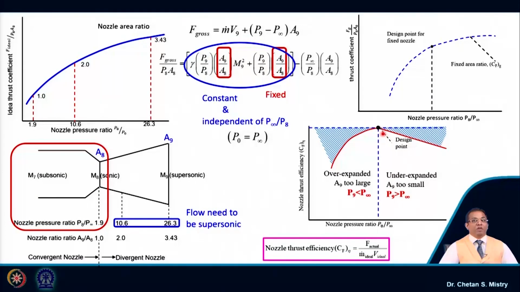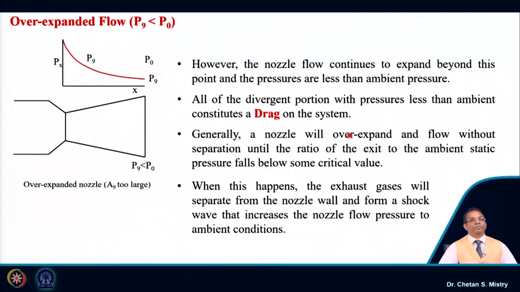So I will have only one design condition, and with a change of pressure at the exit, I will go into either an over expanded condition or an under expanded condition. Let us look here. Suppose this is my nozzle, and it is going with the over expanded condition.